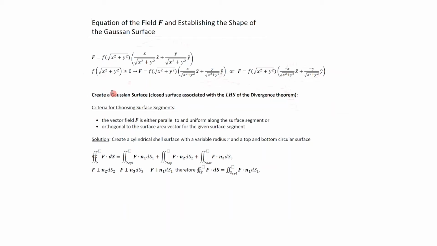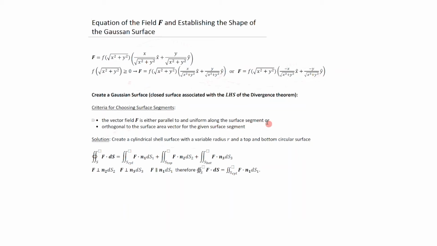So what we need to do now is create this so-called Gaussian surface that we're going to use to compute the actual field itself with the magnitude. The closed surface, as I said, is associated with the left-hand side of the divergence theorem. So now the question is the criteria for choosing the surface segments in the first place. It's clearly related to symmetry, but as far as the vector field is concerned, we want to make sure that the vector field F is either parallel to and uniform along the surface segment.